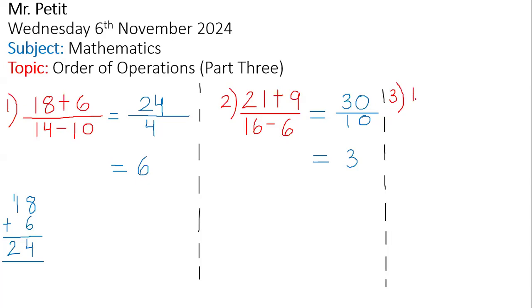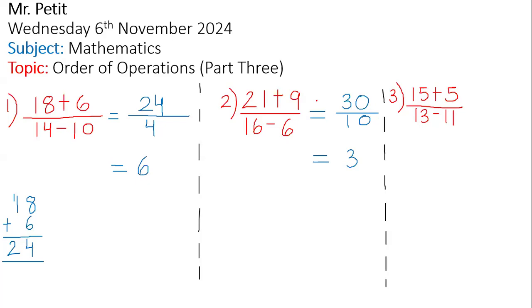15 plus 5, it's easy, all over, let's say, 13 minus 11.